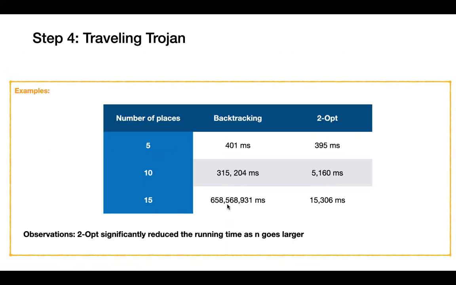If we go to 15, there's another 1,000 times increase for backtracking, but only about 3 times for 2OPT. So we find that 2OPT can significantly reduce the running time as n gets larger, and the mileages are actually comparable to each other.